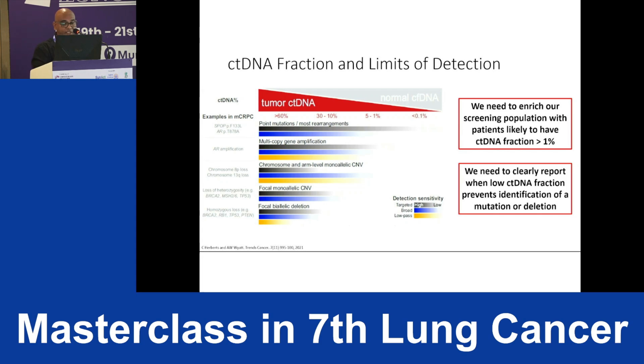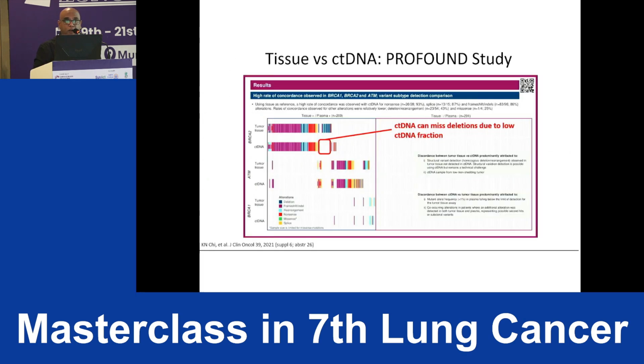For example, as shown here, there is the limit of detection with regard to point mutations, and more so for copy number alterations. Here there is a direct comparison between the primary tumor and the liquid biopsy, and we see that the copy number alteration appears to be completely lost.